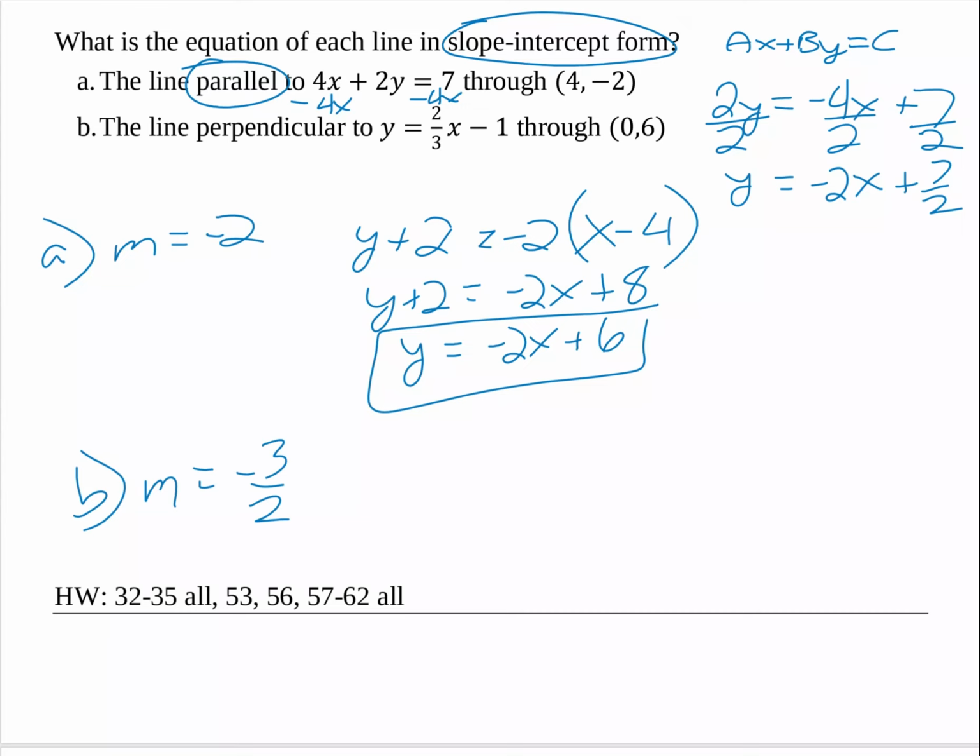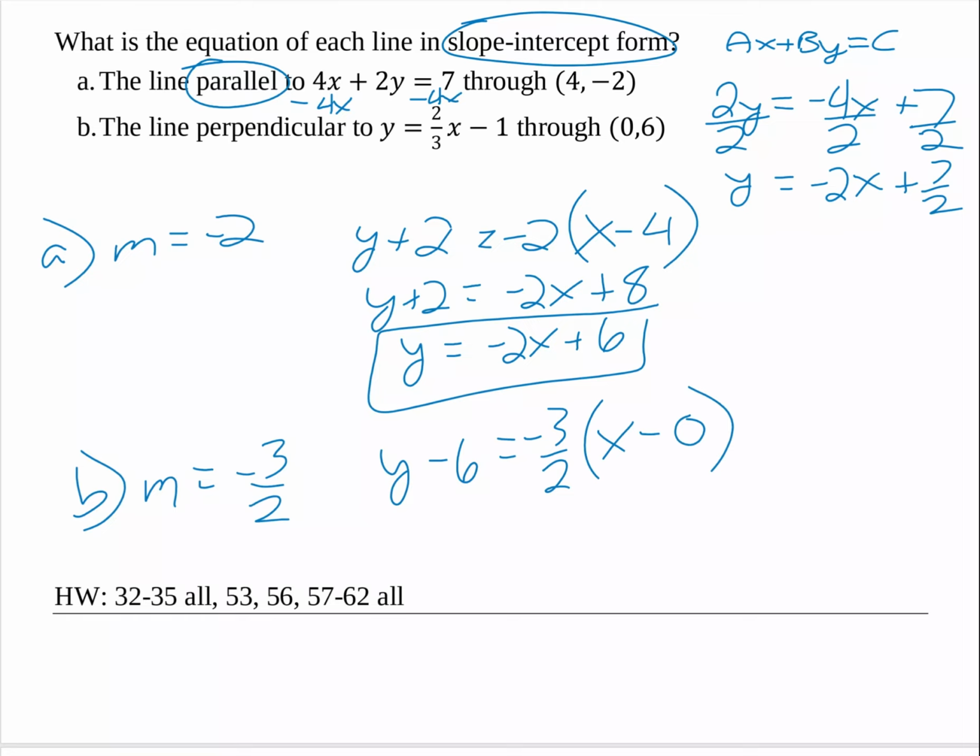Okay, so now I know my slope and I know my point. So what are we going to do? Put it in. Right, so what's the equation? y minus 6 equals negative 3/2 times x. And really it's x minus 0, which I'm going to write for video purposes, but yeah, just x. Okay? Now what?